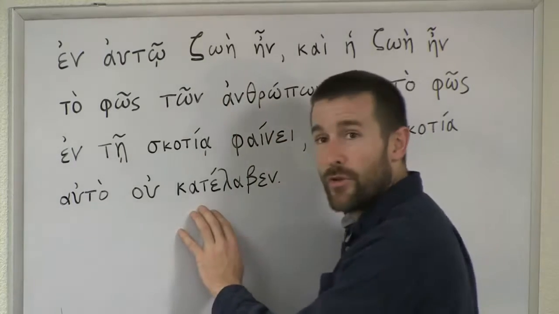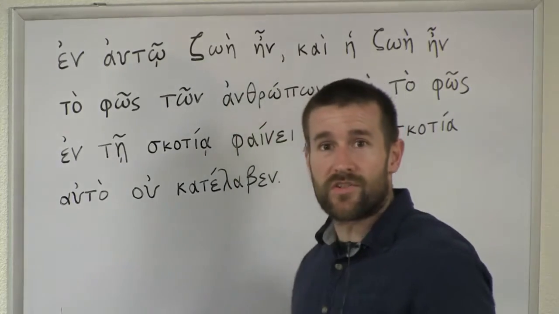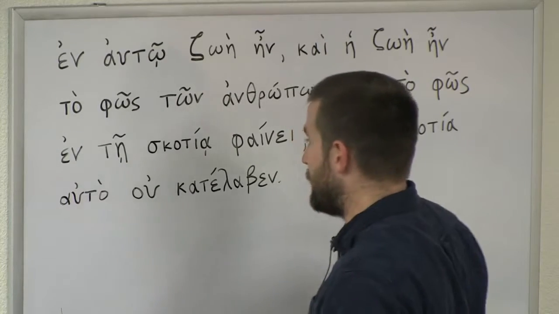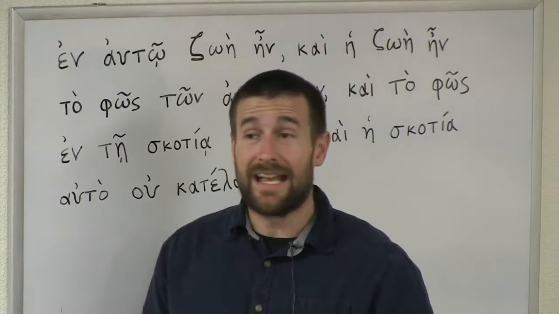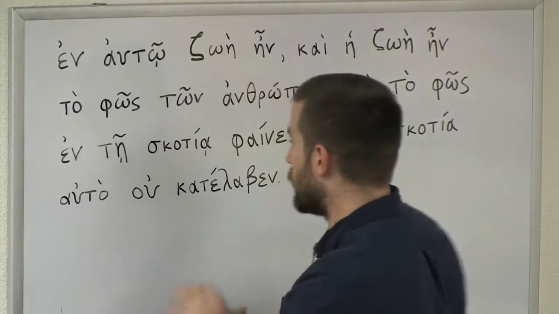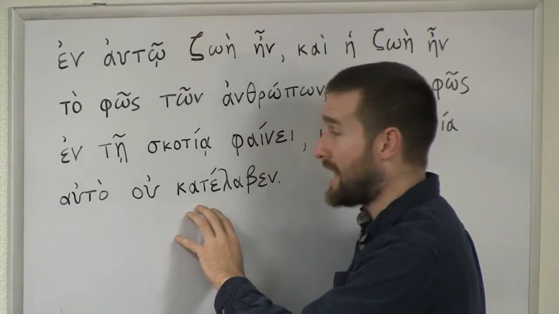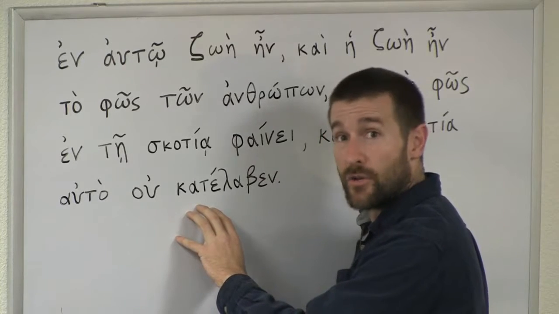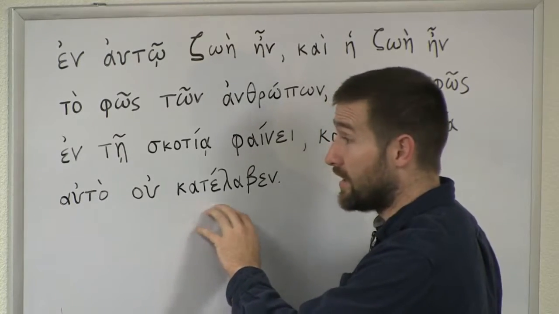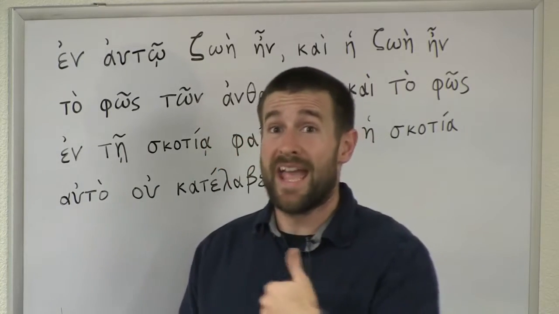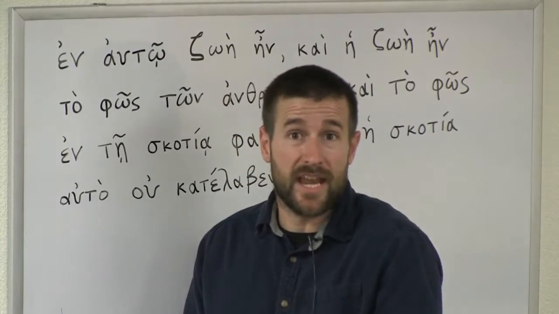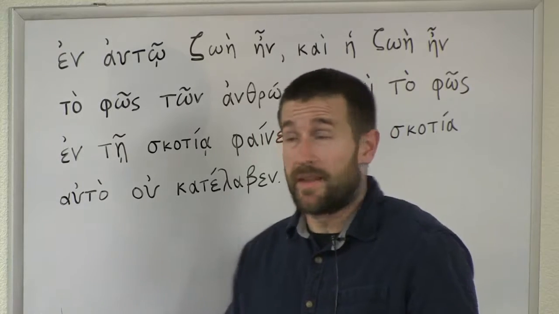So you'll notice that those words that you learn in that Pimsleur course, Lesson 1, of I understand and you understand, καταλαβαίνω and καταλαβαίνετε, are really similar to this past tense, understood. The darkness understood it not, because remember in the King James it says the darkness comprehended it not. Comprehend and understand are two words that mean the same thing.